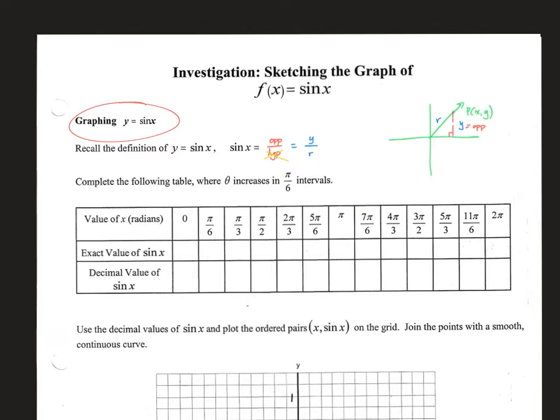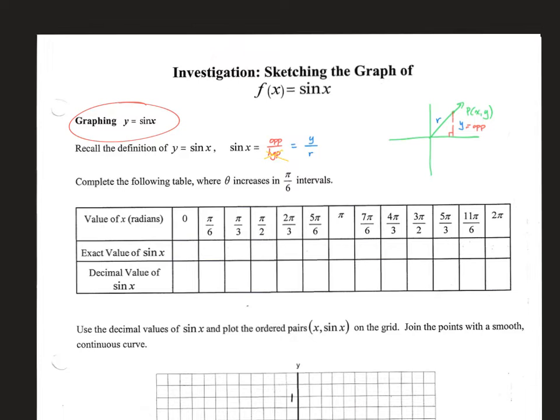Some people are going to have what we have in blue, which is using XYR definitions as their background, so maybe your focus is what's happening to the y coordinate. Either of those cases is good. You're going to hear me talk specifically about the opposite side using our SOHCAHTOA definitions.